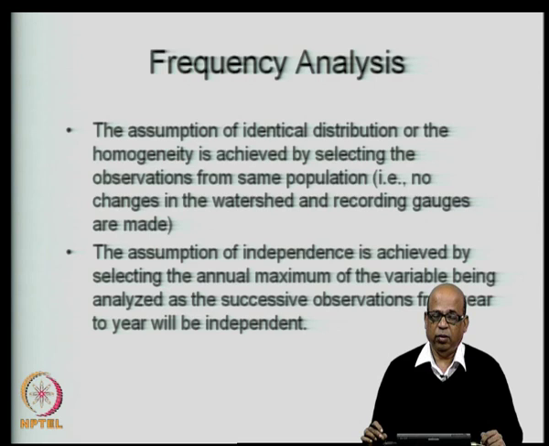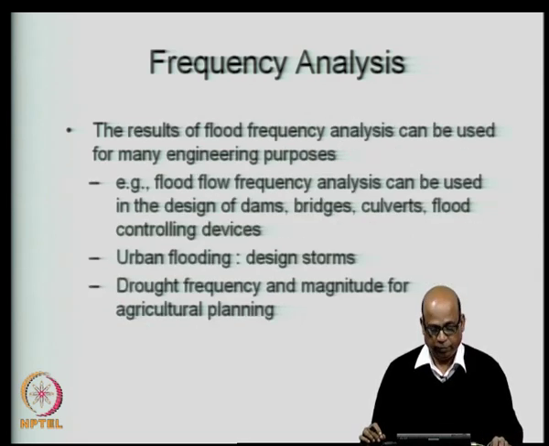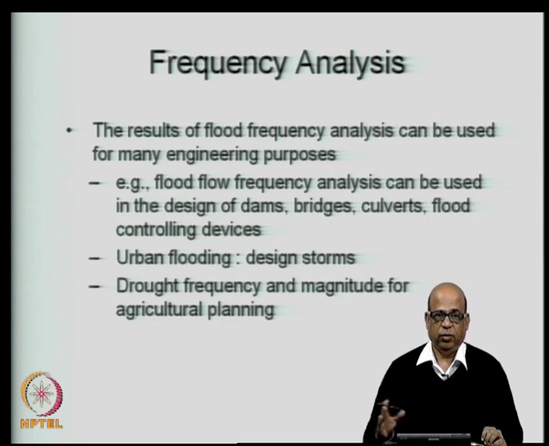This will ensure that time homogeneity is maintained for the data. So, once we have ensured these, we will look at the purposes for which we use the frequency analysis results.